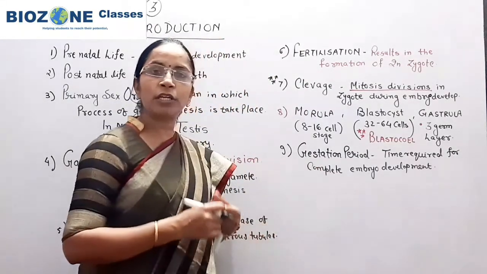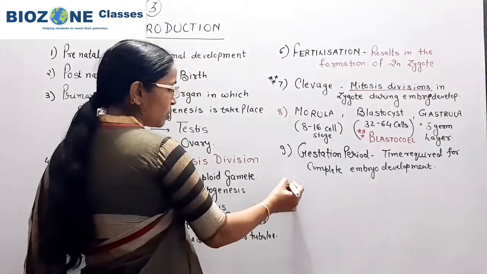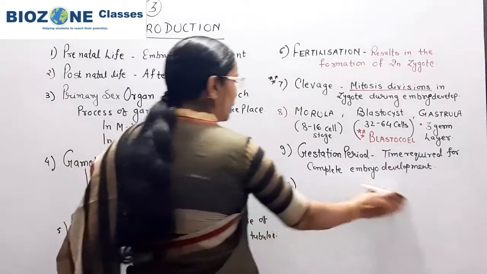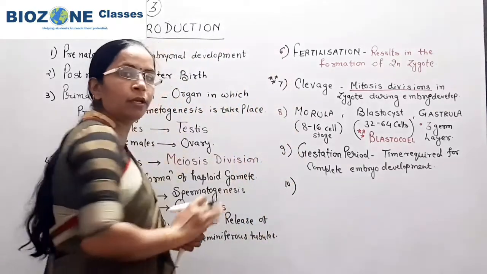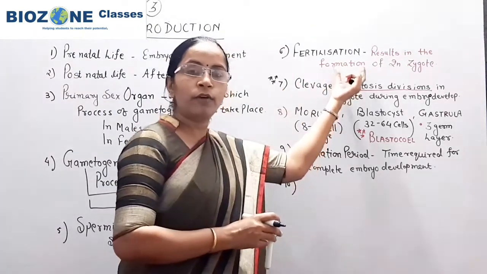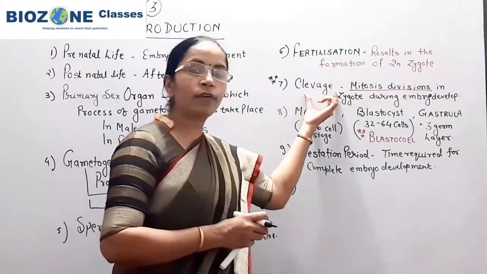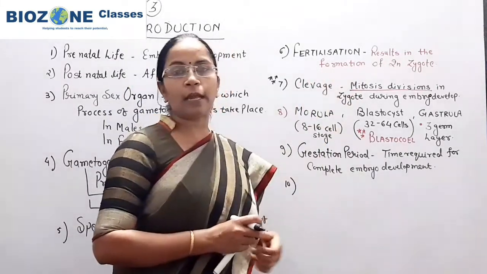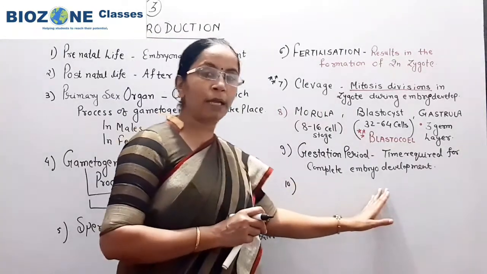Once the gestation period is over, another process takes place in females. Remember, fertilization takes place inside the body of the female, and after fertilization, whatever changes take place are all related to the female body.